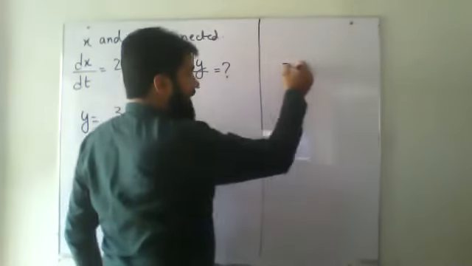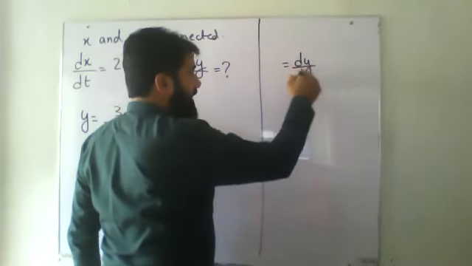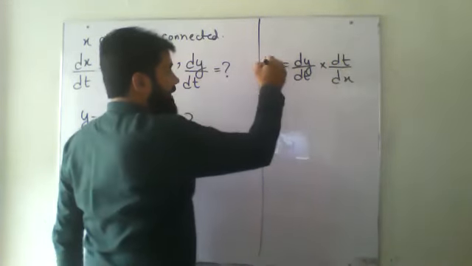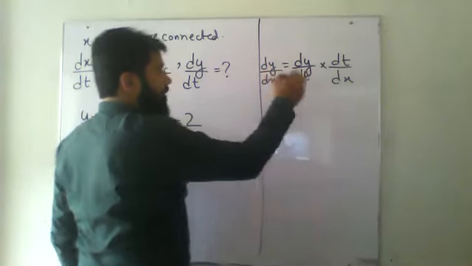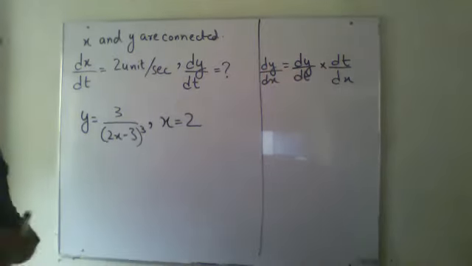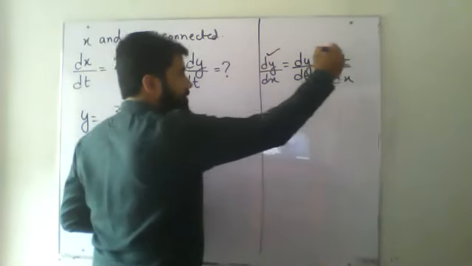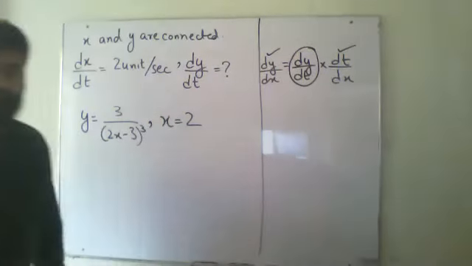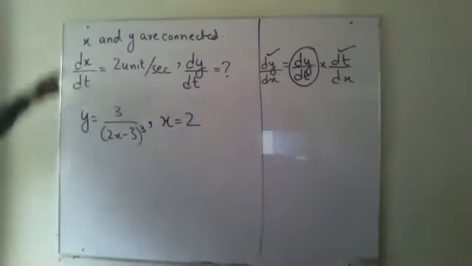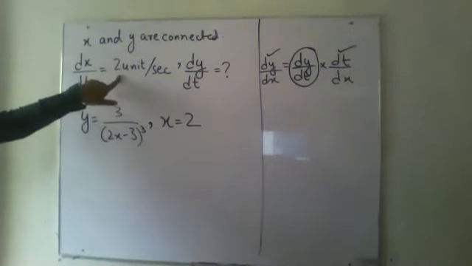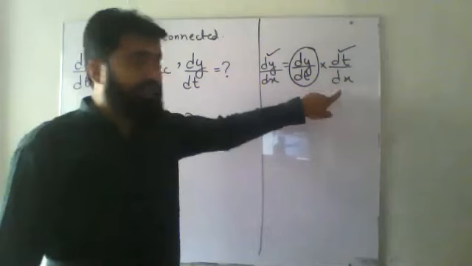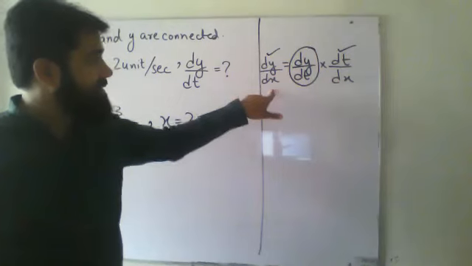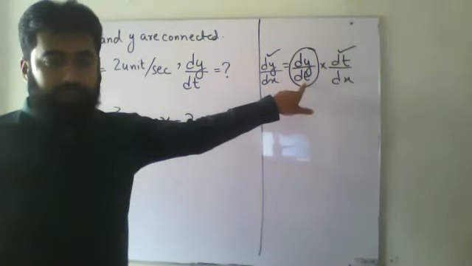So I can write it, I know that dy over dt multiplied by dt over dx will be equal to dy over dx. So it means if I can have this value, then I can calculate this one. Now, dx over dt is given to me. So dt over dx will be the reciprocal. So now, if I can get this result, I can get this value.